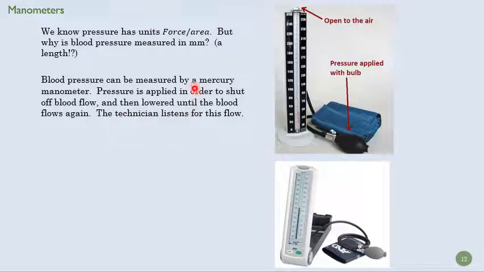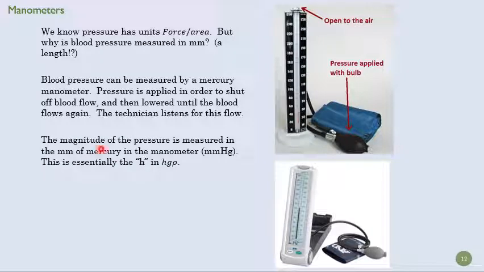The way a blood pressure gauge works is that you apply pressure through the little squeeze bulb, right? You apply pressure to the arm with the arm wrap, enough pressure to shut off blood flow, and then you lower it until you can hear that blood flowing again.